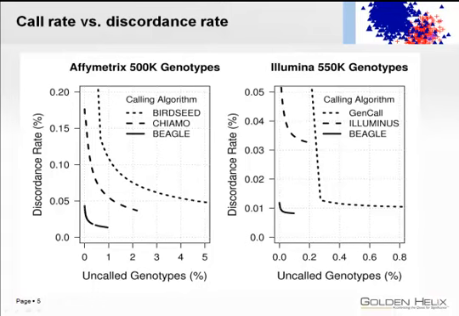Or if there's certain less confident calls, if they allowed a 1% missing rate, then their discordance was also somewhere around 1%, whereas they were up here at closer to 5% when they allowed 1% missing for Chiamo, and for birdseed it was more like 10% discordant if they allowed only 1% missing.